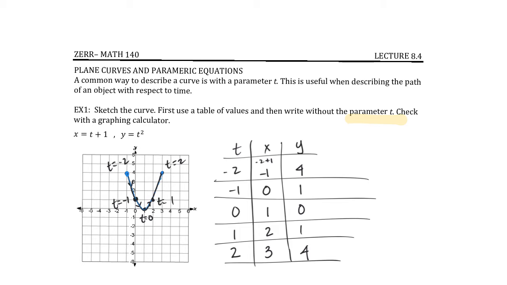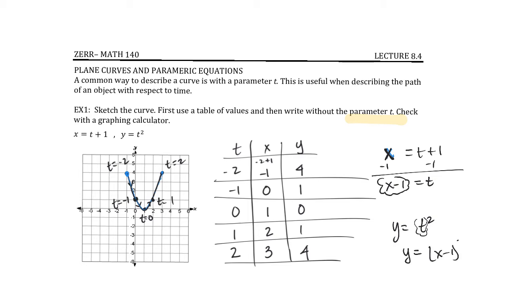Now let me show you how we could rewrite this if we just wanted to know the equation without that parameter. We don't really care what's happening over time. We just want a sketch of what it looks like. So what we can do is eliminate the t here. So I'm going to solve for t in one of the equations. Then I'm going to take that expression and plug it into my other equation. So y equals t squared, and I'm going to replace t with my expression x minus 1.